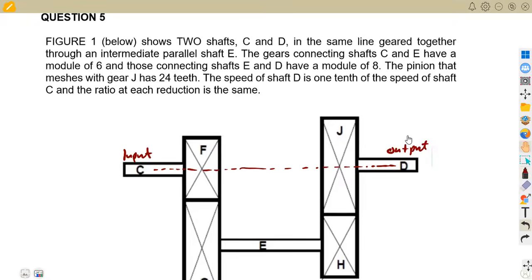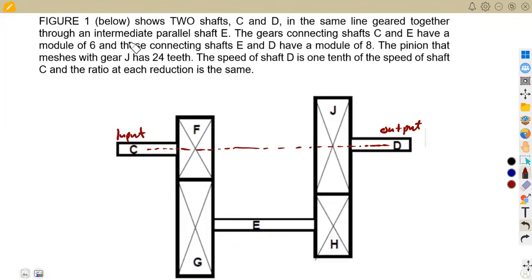So we are given that the gears connecting shafts C and E, which gears are we talking about in this case? We are referring to F and G. We are given that the module there is 6.